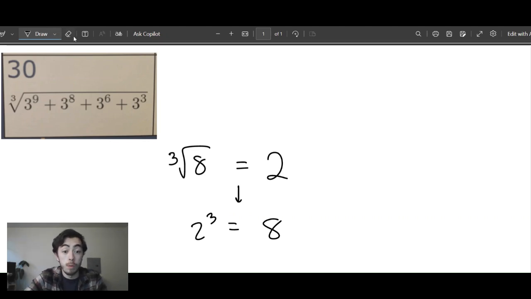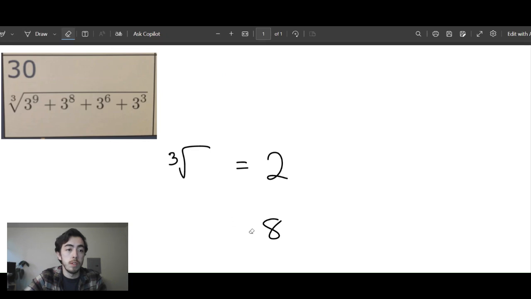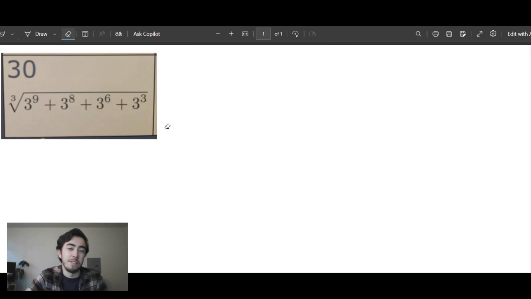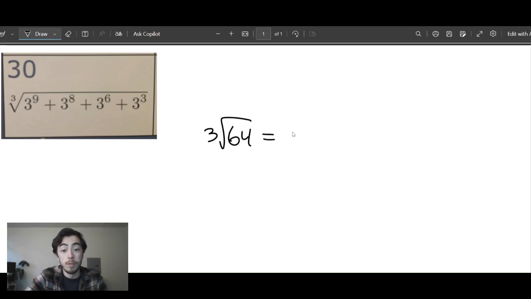Since we're working with 3's, some other important cube roots that we might come across would be the cube root of 27. That's because 3 times 3 times 3 is 27. Besides that, I don't really have many other cube roots memorized. I mean, the cube root of 64 is 4, because in other words, 4 times 4 times 4 brings you to that 64.